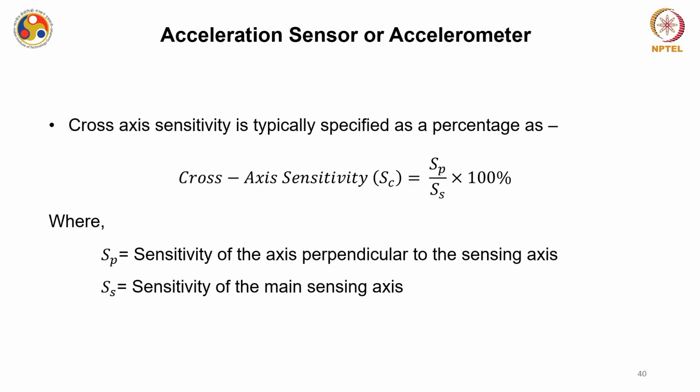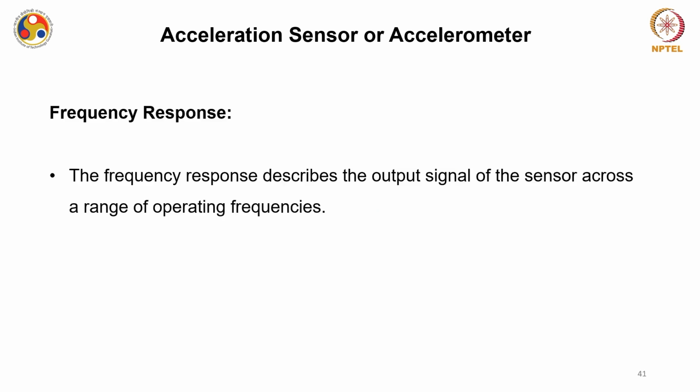Mathematically, it is the sensitivity of the axis perpendicular to the sensing axis divided by the sensitivity of the main sensing axis. They are denoted as SP and SS, and cross axis sensitivity is given as SC. Since it is represented as a percent, SC is given as SP by SS into 100%, where SP is the sensitivity of the axis perpendicular to the sensing axis, and SS is the sensitivity of the main sensing axis.